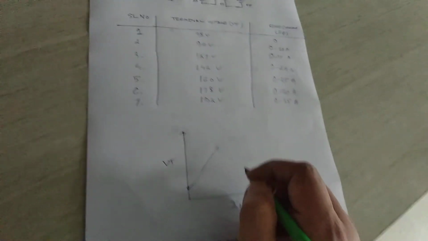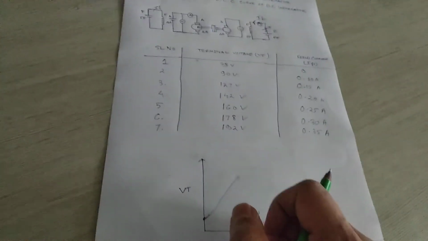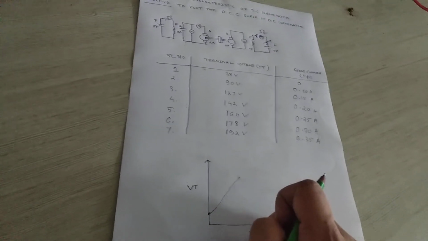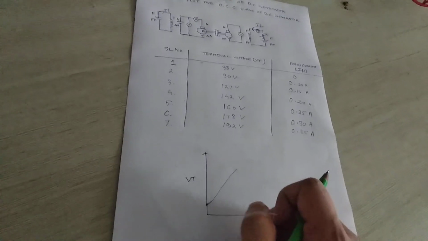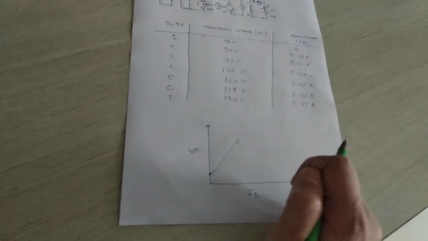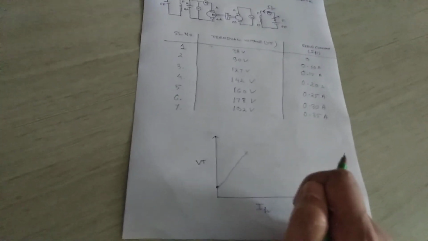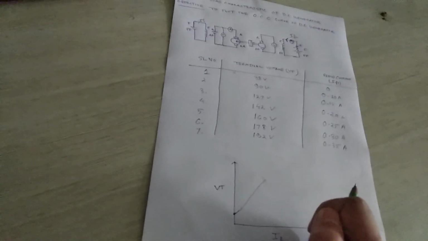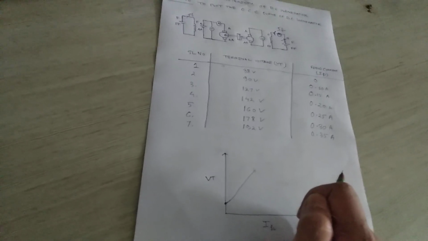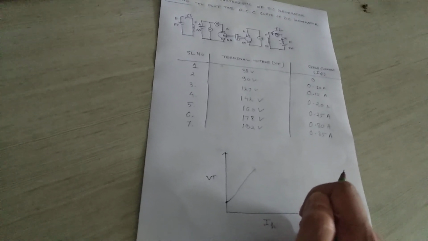When the field is saturated, that means when the field magnetic flux is saturated, after that position, if we increase the field current, then if the flux is constant and the speed of the prime mover is also constant, then no more terminal voltage will be generated, or no more induced voltage is generated in the armature.